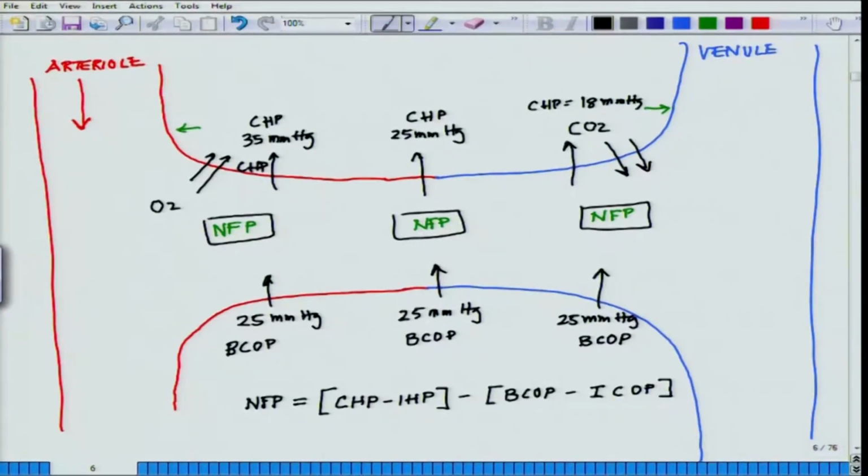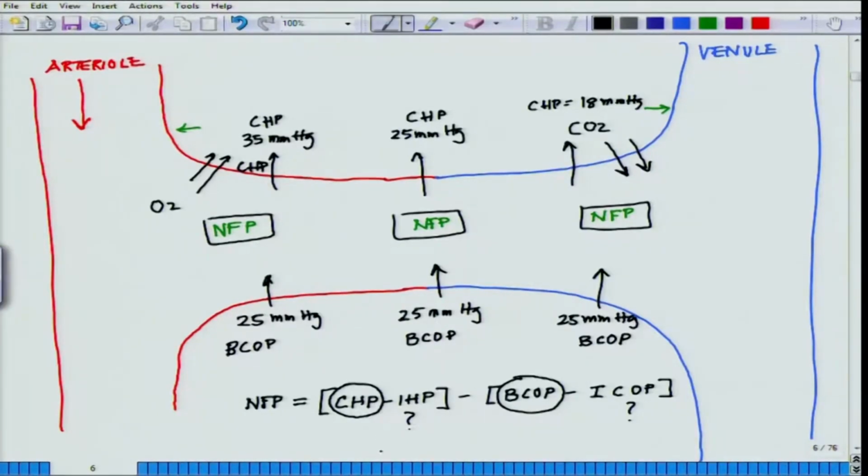Now, this value, which I am circling, is known to you, but you do not know these values, IHP and ICOP. These values are extremely difficult to calculate. The interstitial hydrostatic pressure varies in different parts of the body.